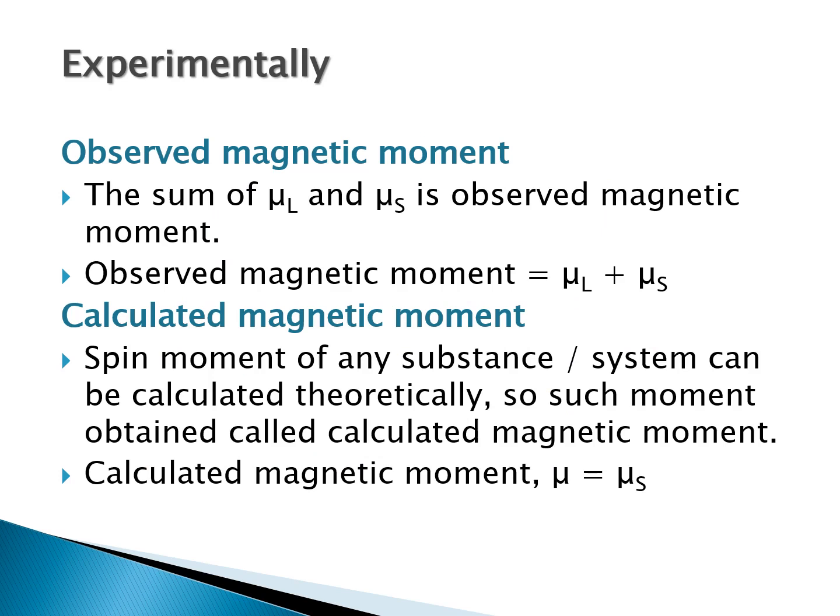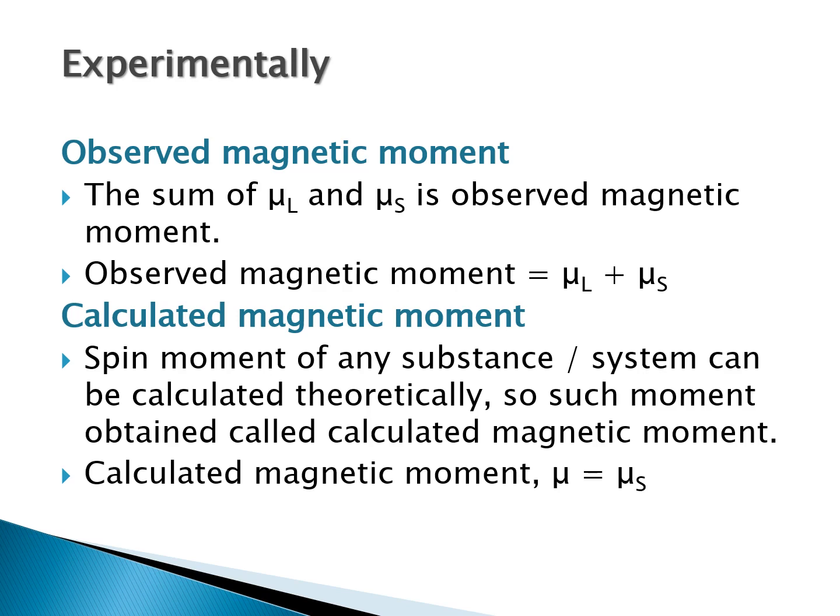Experimentally, we will discuss observed magnetic moment and calculated magnetic moment. Observed magnetic moment is the sum of orbital magnetic moment and spin magnetic moment. Observed magnetic moment is equal to orbital magnetic moment plus spin magnetic moment.